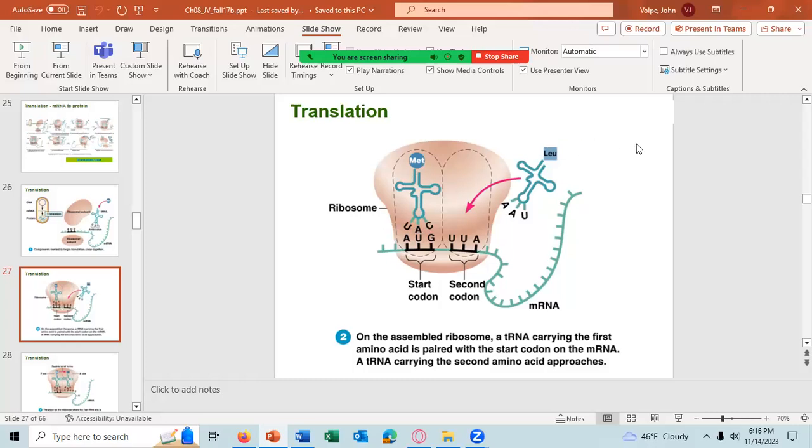So tRNA brings in the correct amino acid, and it's tRNA which is actually reading the messenger RNA. Sometimes you'll hear people talking about the ribosome reading the messenger RNA. The ribosome is allowing the reading to come, but the reading is actually done by tRNA.